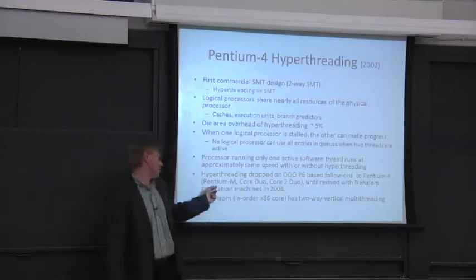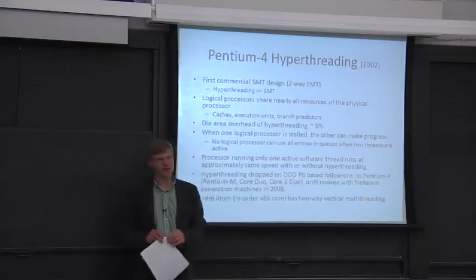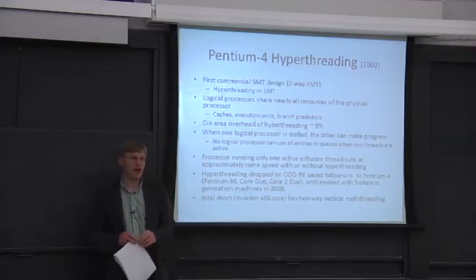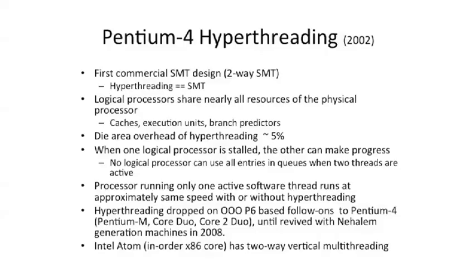The Pentium M, Core Duo, Core 2 Duo, all kicked out simultaneous multi-threading. And it didn't work its way back in until Nehalem, Core i5, i7 sort of processors very recently.